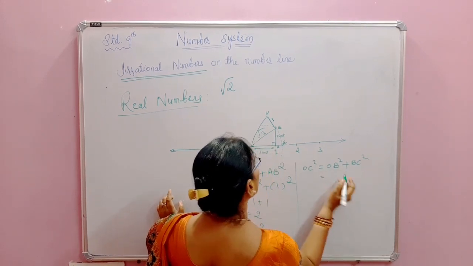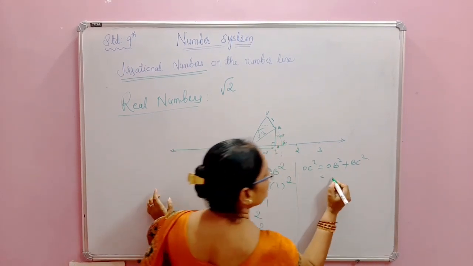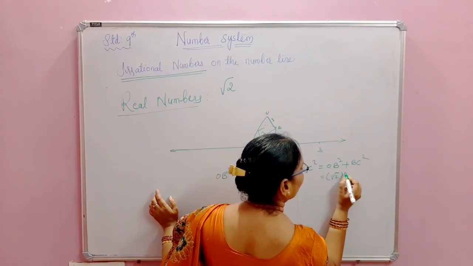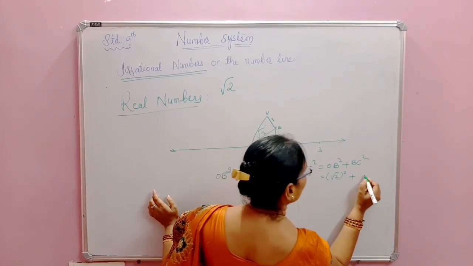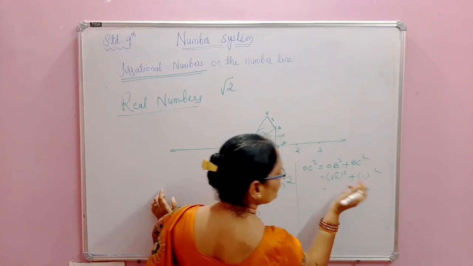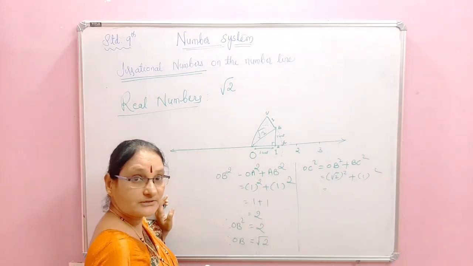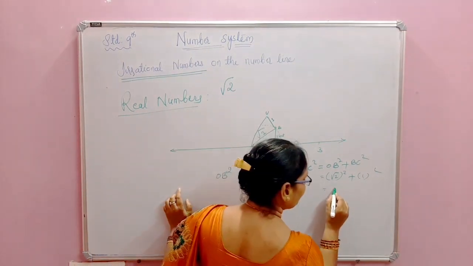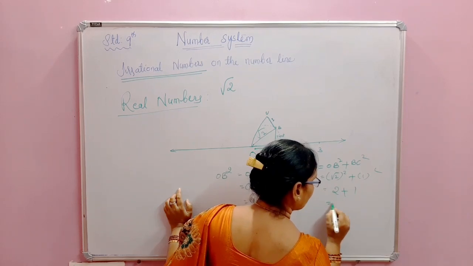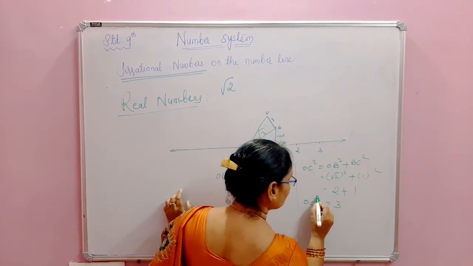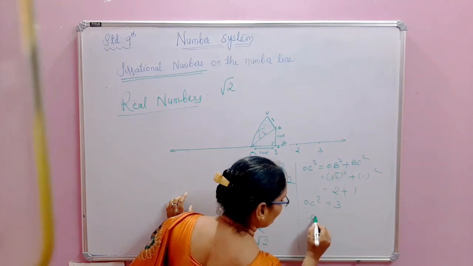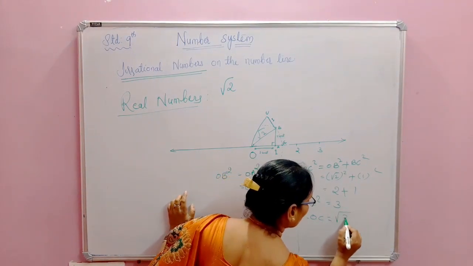OB square is how much? See here. OB means root 2 square plus BC means 1 square. Root 2 into root 2 will always be 2. Please remember this. This is 2. This is 1. This is 3. OC square is equal to 3. Therefore, OC is equal to root 3.